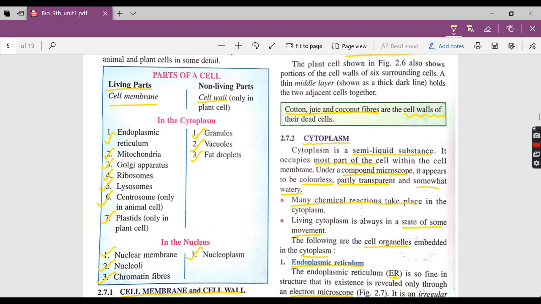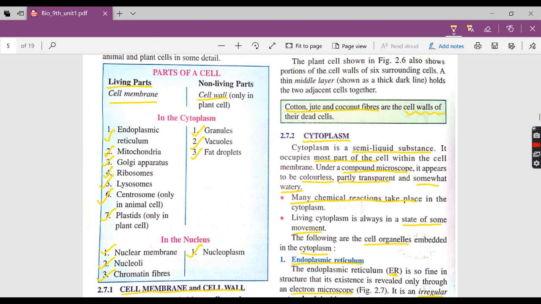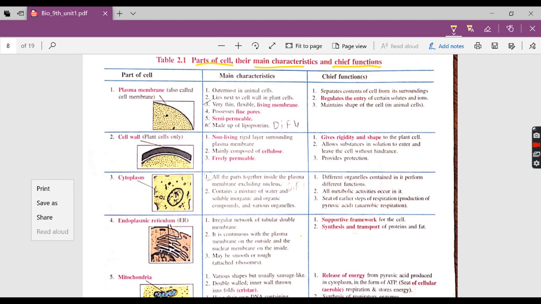We then came down to the parts of a cell, in which we differentiated between living parts and non-living parts. And we talked about which of these are present in both animal and plant cells and which are present in either. We can revise each of these parts with the help of table 2.1. First off is the plasma membrane. It is also called the cell membrane.